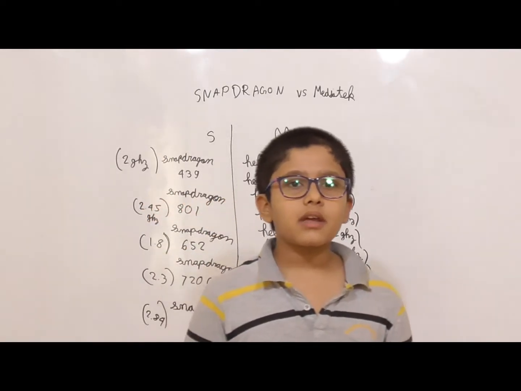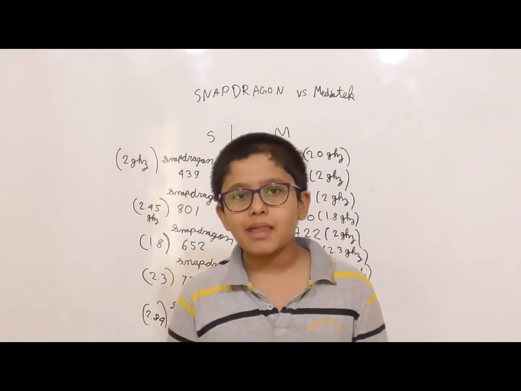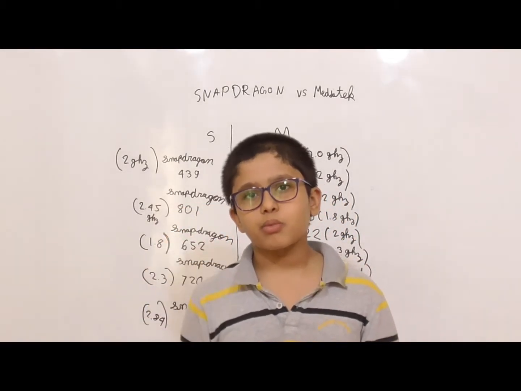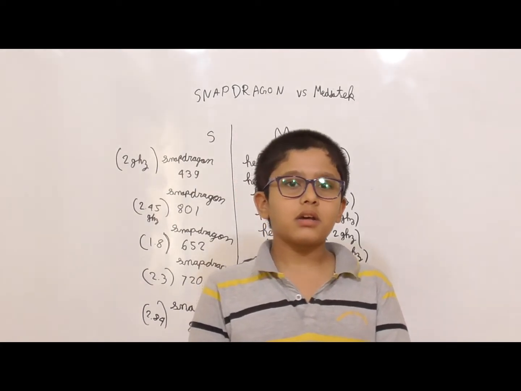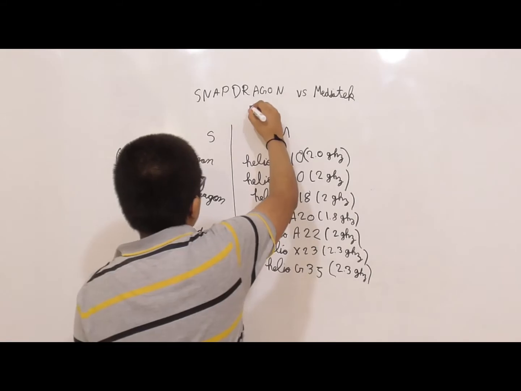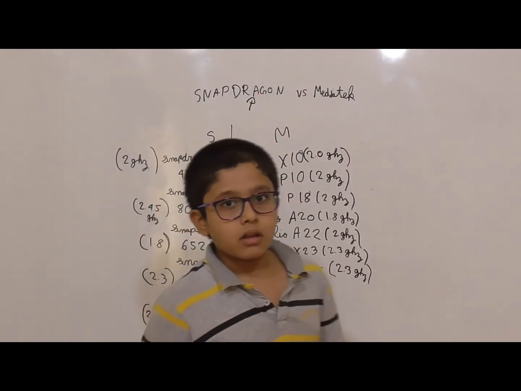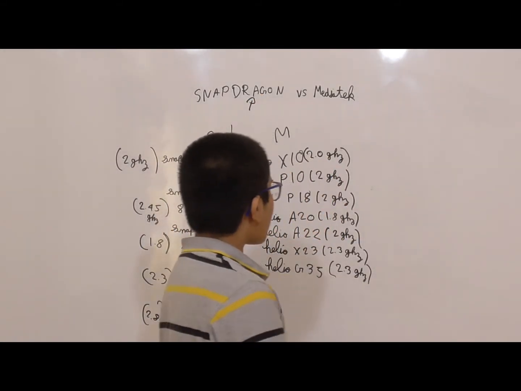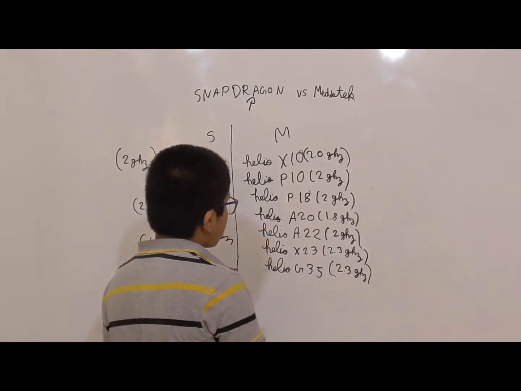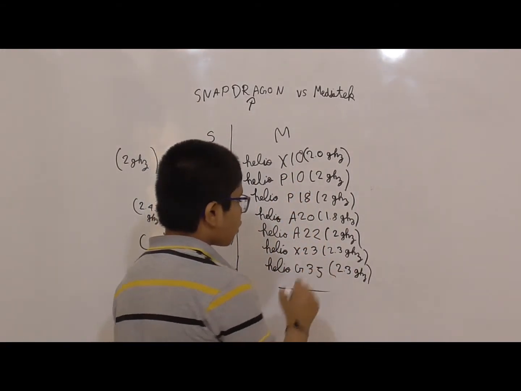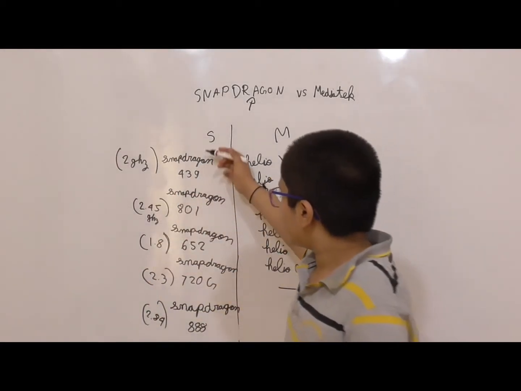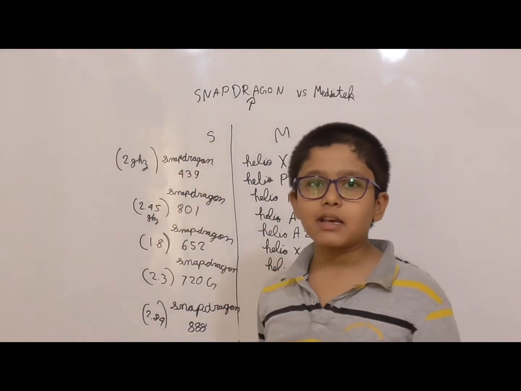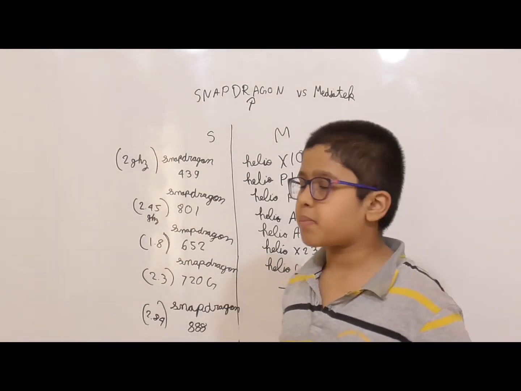So in my opinion, which processor is best and also very smooth? The best chipset in the market is Qualcomm. So the winner is Snapdragon, while the loser is Mediatek. Because as you can see here, all these processors still have 1 GHz or 2 GHz, while here there is a variety of different speeds.